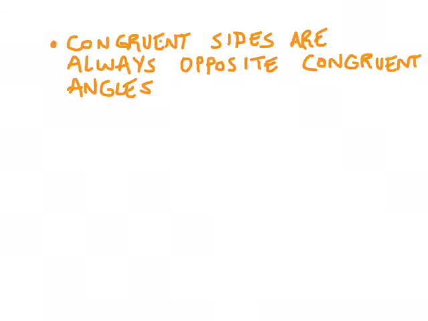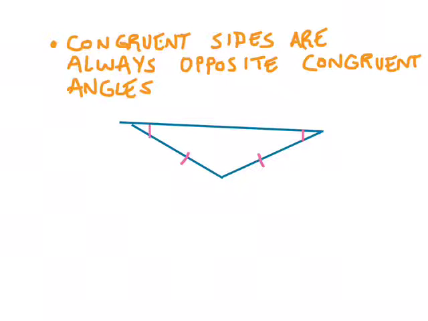The other thing we know about triangles is that the congruent sides and the congruent angles are always opposite one another. Here's what I mean by that. If this is an isosceles triangle and it has congruent angles here, and it has a congruent set of sides here and here, you're going to notice that the angles and the sides that are congruent are opposite each other across the triangle.